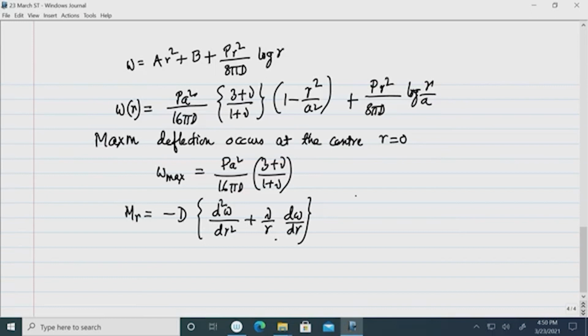Because of the concentrated load at the center, the slope and curvature exactly at r equal to 0 do not exist, but we have to find the slope and curvature in the vicinity of the center, that is 0 plus epsilon or 0 minus epsilon, where epsilon is a small quantity, and then we can take the average of these two values to get the bending moment.